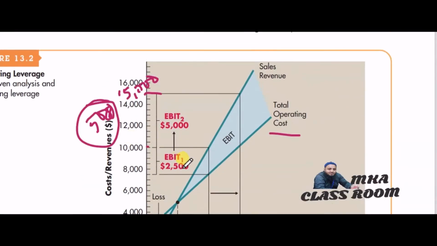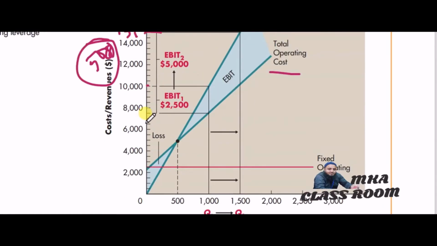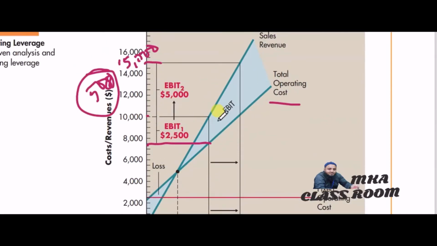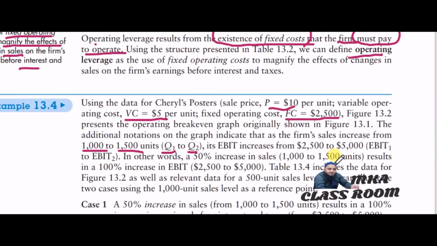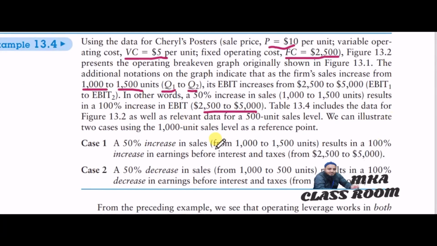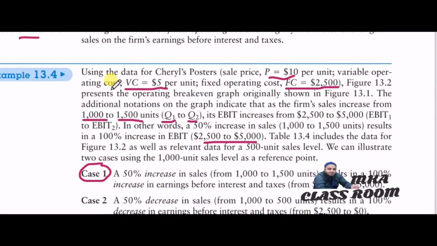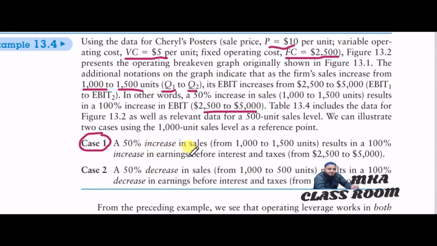So here we will see case 1, in our previous examples, a 50% increase in sales, that means 1000 to 1500.